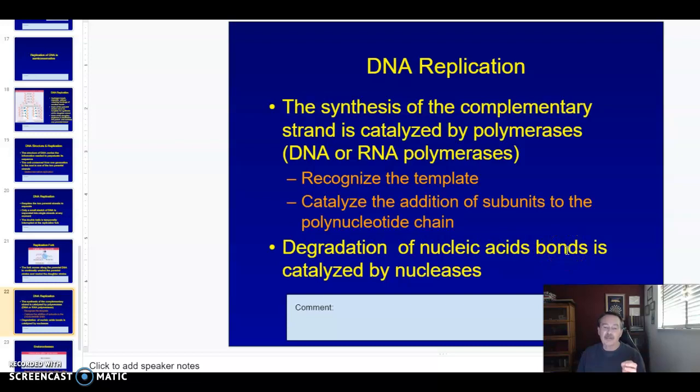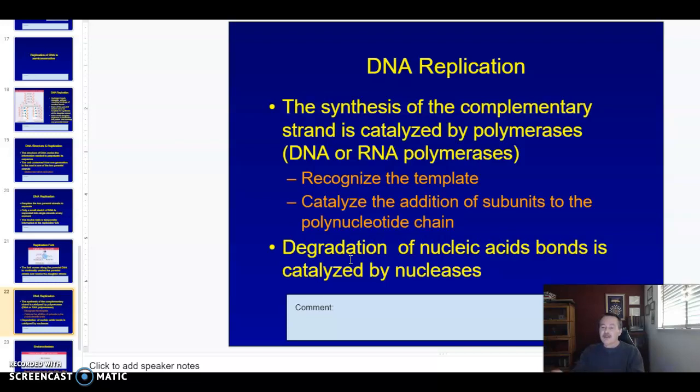Okay, now this one down here where it says degradation of nucleic acid bonds. This is the bond between adenine, thymine, guanine, cytosine, is catalyzed by nucleases. Now the nucleases are like the endonuclease. It's an enzyme protein that will go in and break those bonds down. So polymerase unwinds, puts a strain on the bonds. The nuclease actually cuts the bonds. So it's kind of like you take the paper. If you don't have the paper stretched out, it's harder to break.